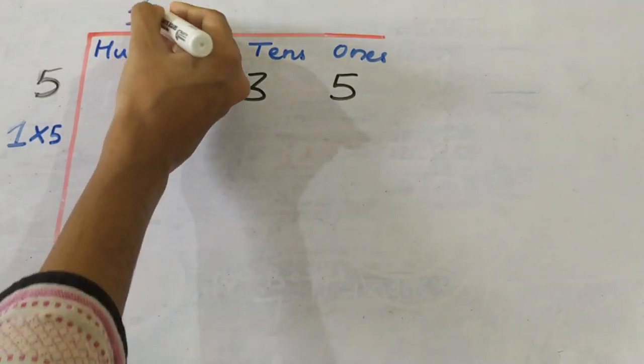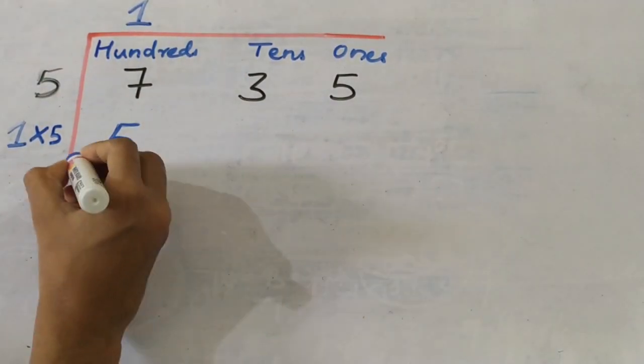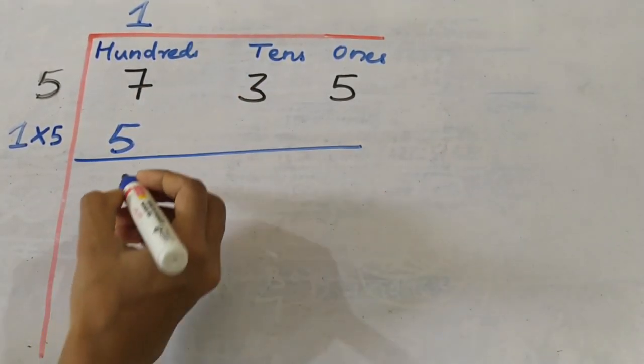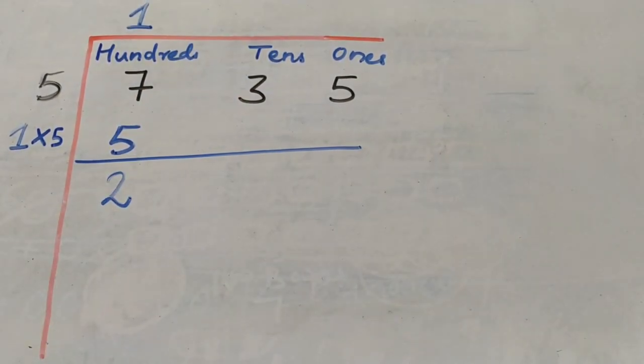Now 7 minus 5, 2. That means we were having 7 bundles of books. Okay, we gave 1 bundle to each class. Okay, and there were 2 bundles left.